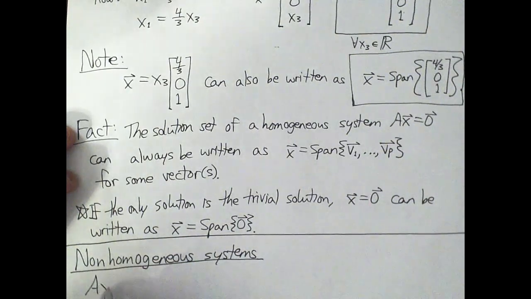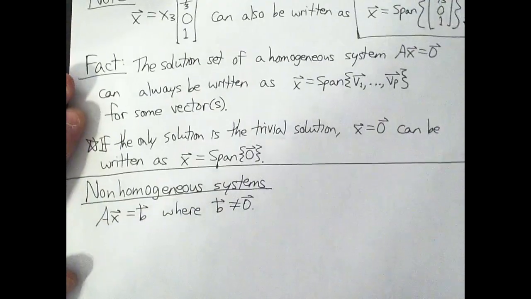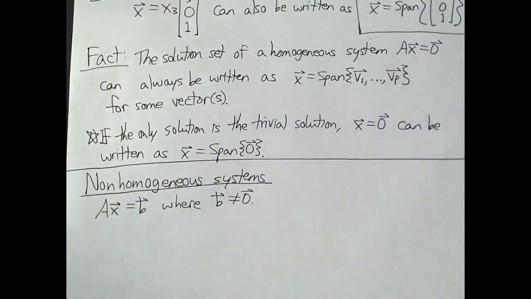So this is Ax equals b, where b is not equal to the 0 vector. Now, the vector b might have some zeros in it. That's okay. We're just saying it's not all zeros.